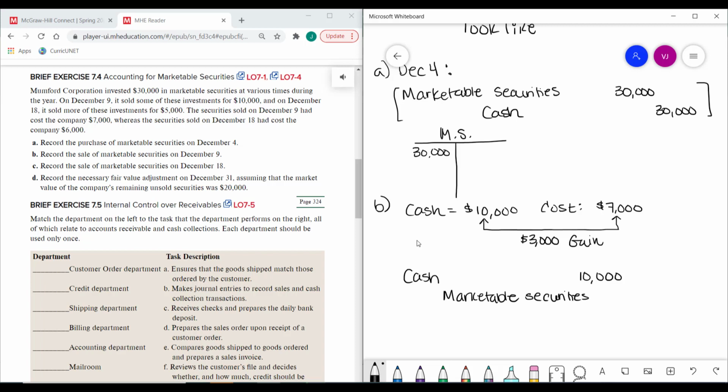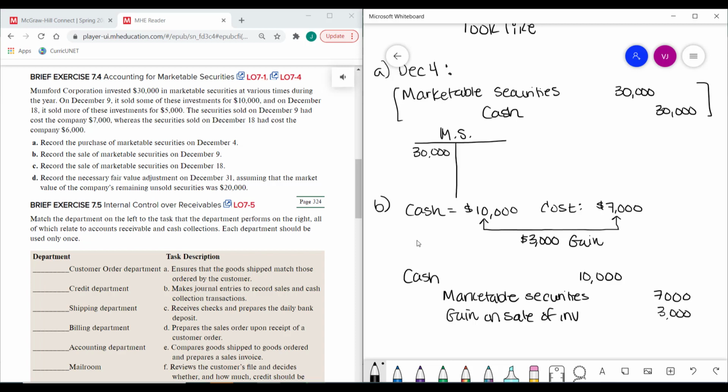So the shares that we sold for $10,000 cost us $7,000. But we need to make that balance, right? And that we actually experienced a gain. We would refer to this as a gain on sale of investment.